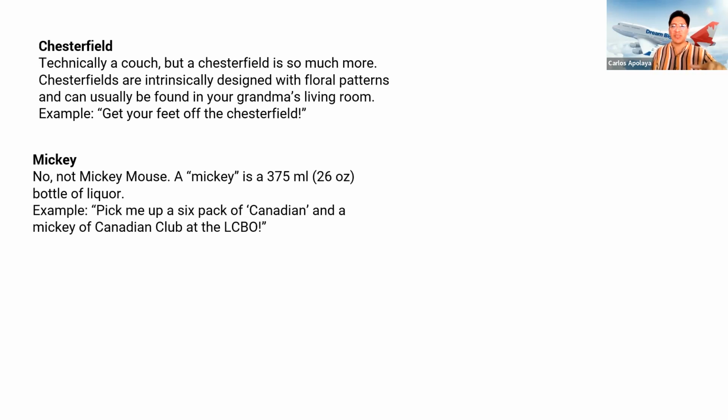Next example. This is a Chesterfield. Have you ever seen a Chesterfield? What is a Chesterfield? A Chesterfield is like a couch, but very, very old, with floral patterns, like the very old couches in the 50s or 60s. Let me show you a picture. Maybe you can understand better.